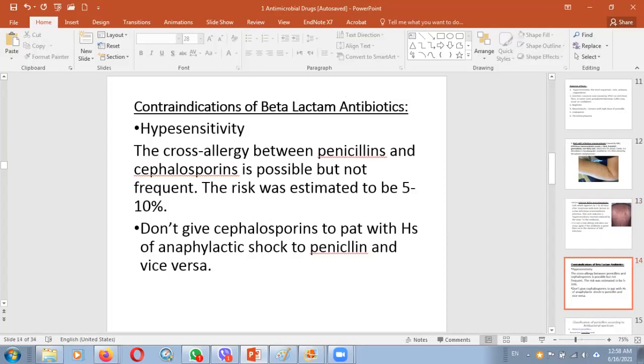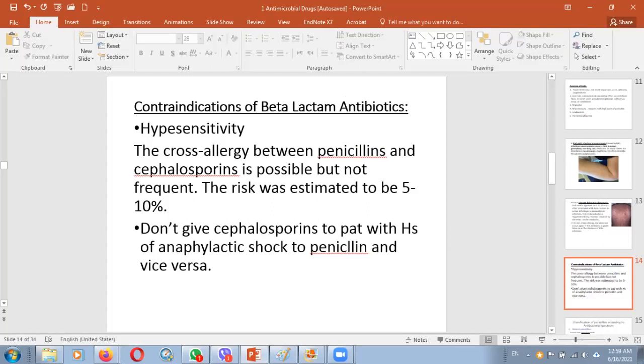Contraindications of beta-lactam antibiotics. As we said before, hypersensitivity is an important and serious side effect. But the problem is, how can you prove it? Or how can you predict it? As we said before, many patients think they are hypersensitive but in reality they are not sensitive.